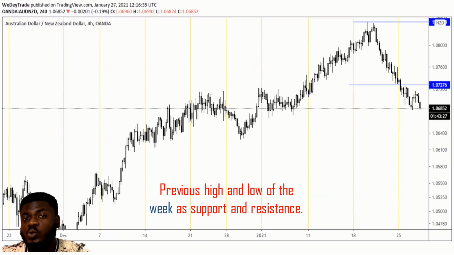Pay attention to the most previous week. So with this example, we can clearly say that the AUD NZD has broken the support level. That is one way to trade the previous high and low of a specific period, breakouts or respecting. But we will be looking at the breakout examples for this video.